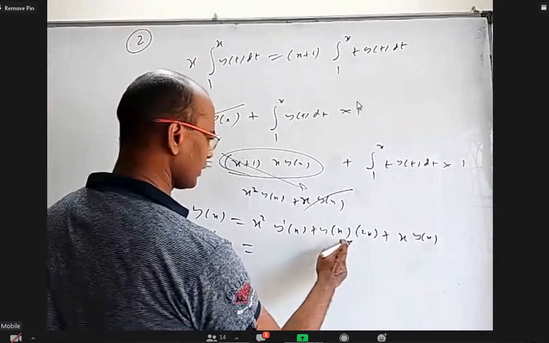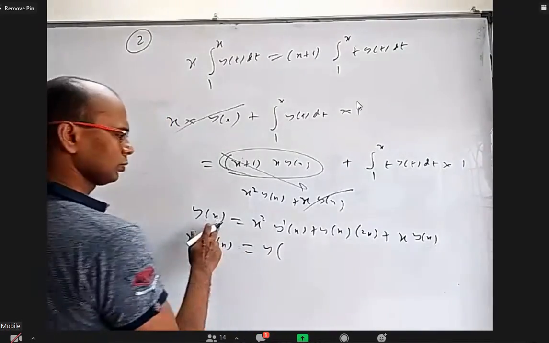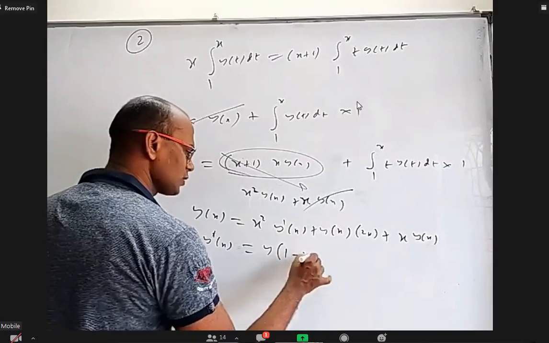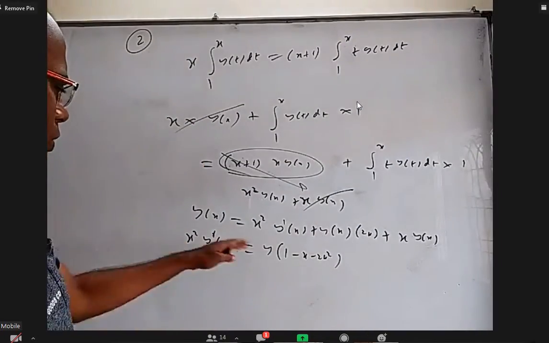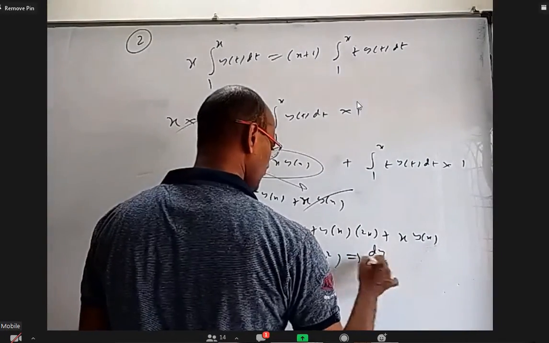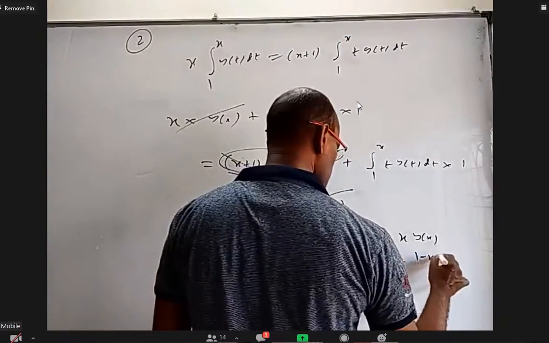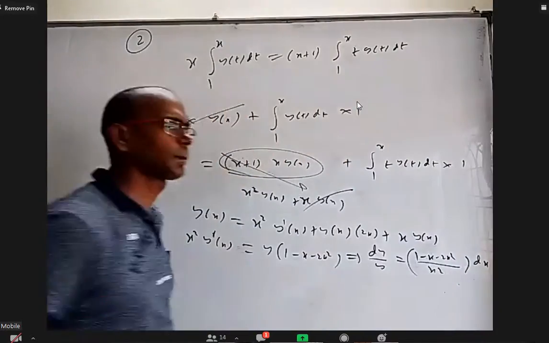You will get y into simply y(x), so 1 minus x minus 2x square, and you bring this to this side. So I think it's variable separable. dy by y is equal to (1 minus x minus 2x square) by x square into dx.